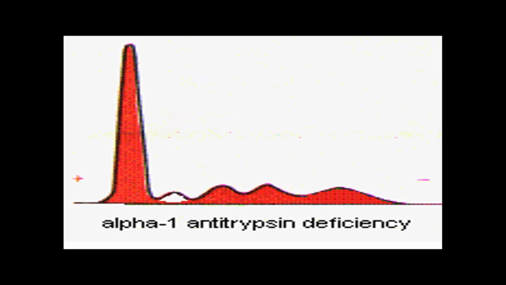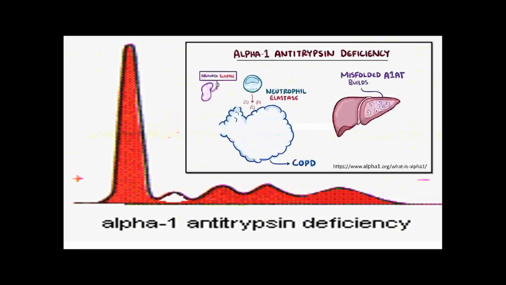Next, we have the alpha-1 antitrypsin deficiency. So the alpha-1 antitrypsin is a protein that protects the lungs, and it's the major component of the alpha-1 band. So this illustration would tell us that the alpha-1 antitrypsin is a protease inhibitor. It inactivates your elastase. On the other hand, your elastase is an enzyme. It's a protease that breaks down other proteins such as the elastin present in your lungs.